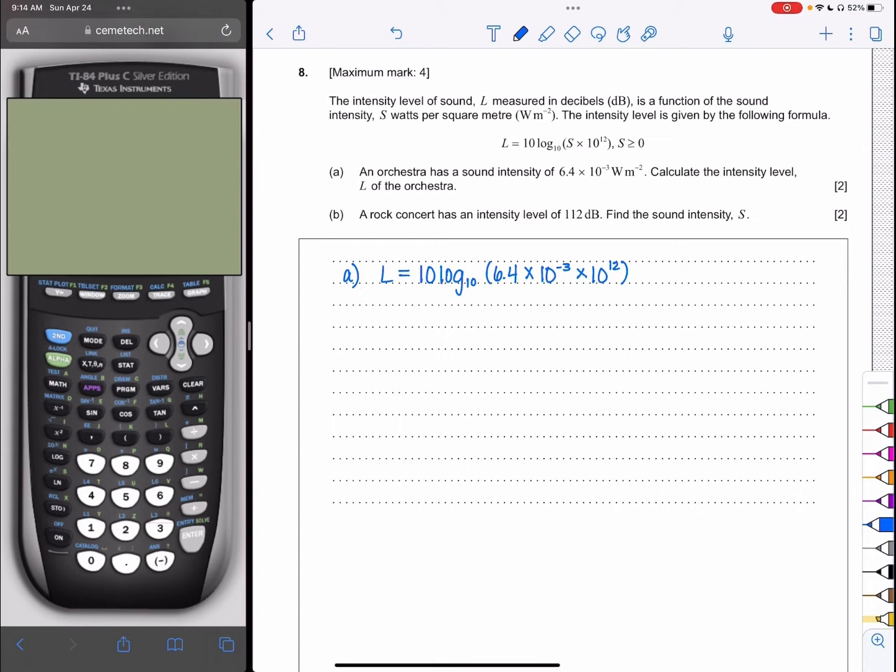All right. So when we do that, we can literally put that in the calculator. So we're going to have 10 times the log of 6.4 times 10 to the power of -3 times 10 to the power of 12.